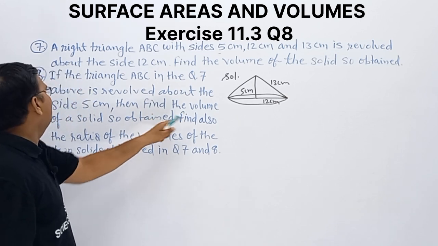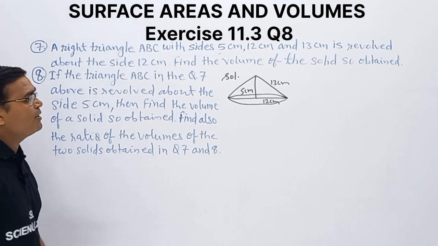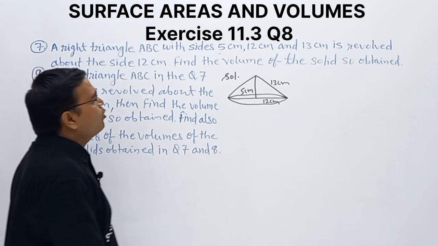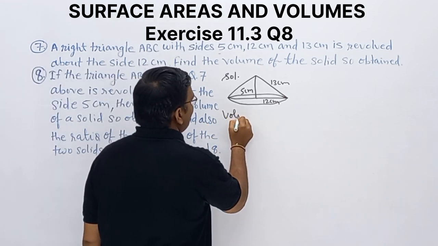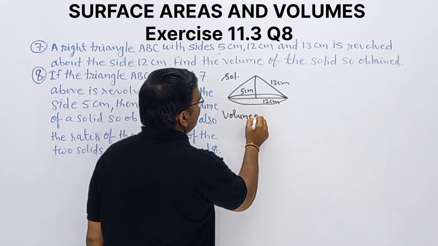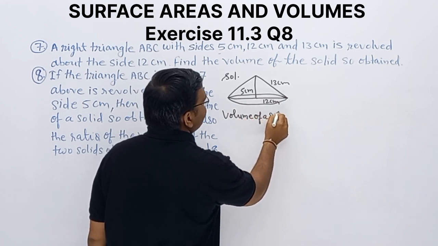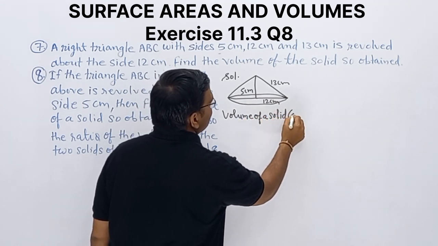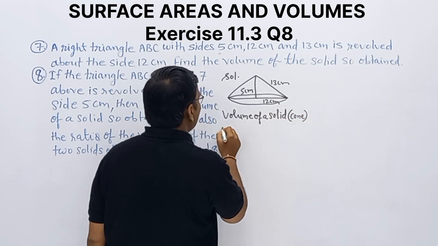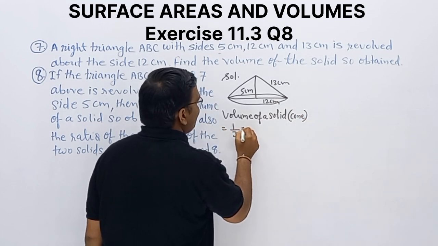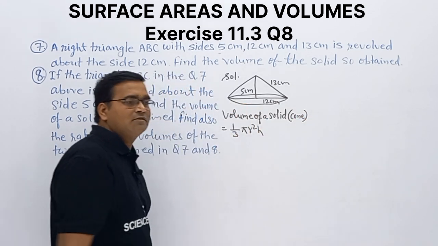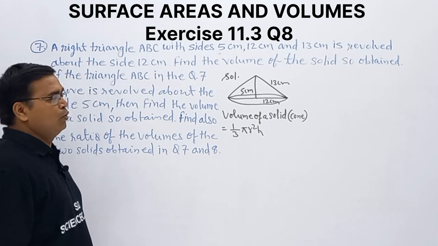Then find the volume of the solid so obtained. We obtained the cone, so the volume of a cone will be 1/3 pi r square h.